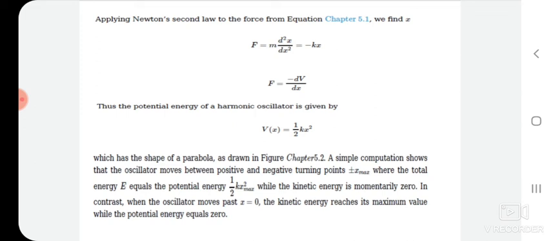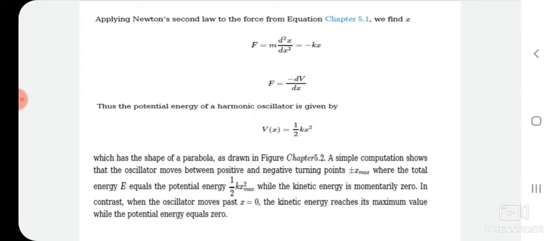A simple computation shows that the oscillator moves between positive and negative turning points, that is plus or minus x max, where the total energy E equals the potential energy 1/2 kx square max, while the kinetic energy is momentarily 0.